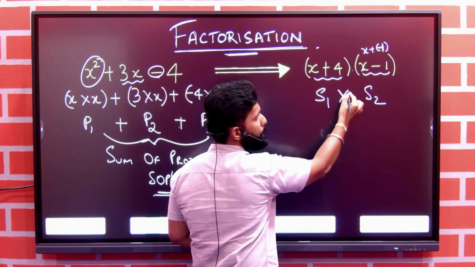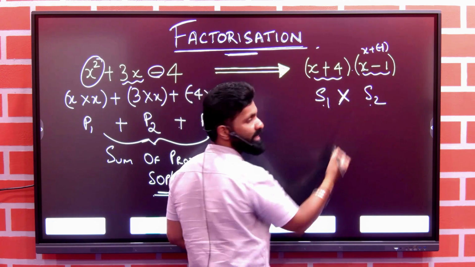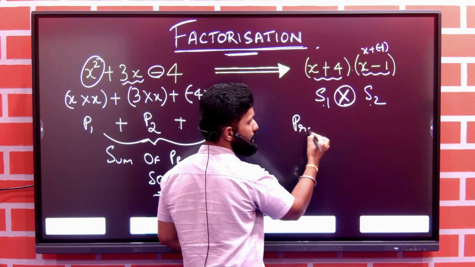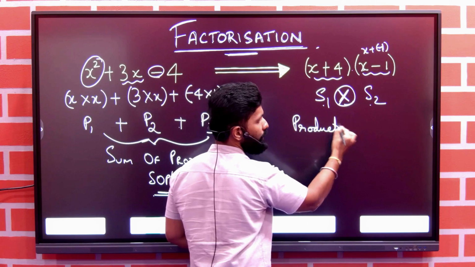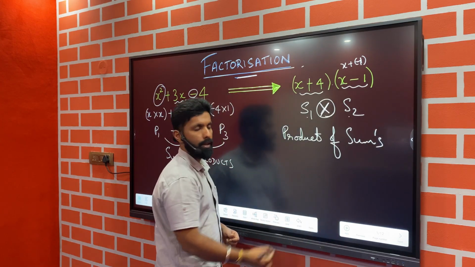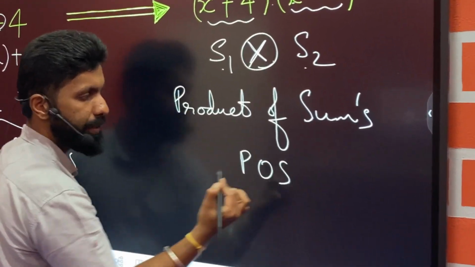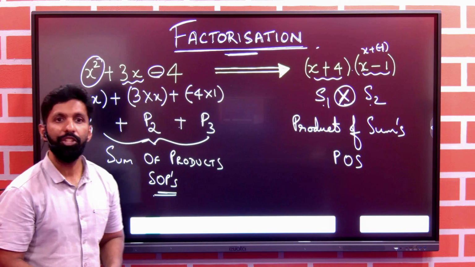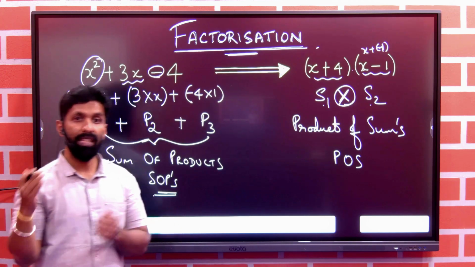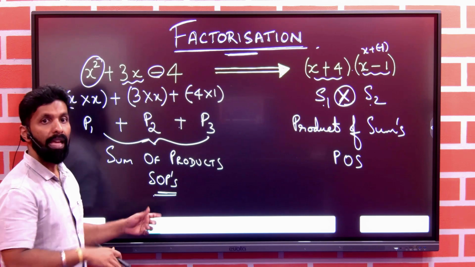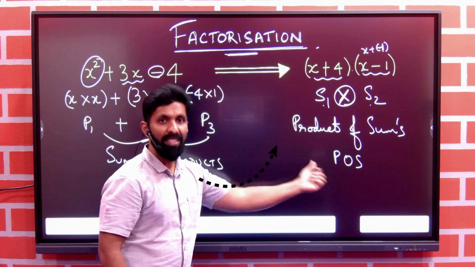So there is a multiplication sign between many sums. What is the other word used for multiplication? Product. So it is product of many sums. In simple words, product of sums, P-O-S. So the entire concept of factorization is converting a given expression, which is generally in the sum of products form, into the product of sums form.